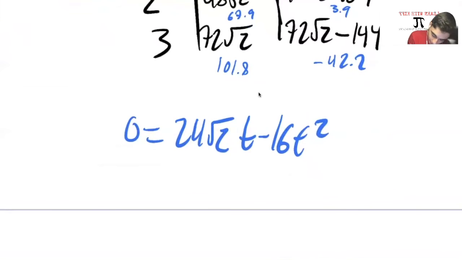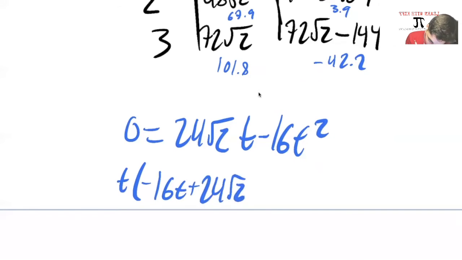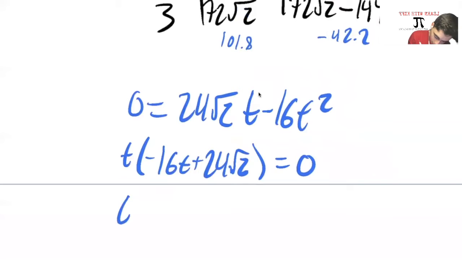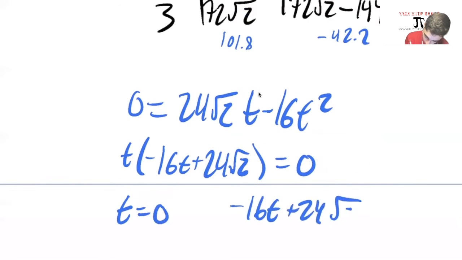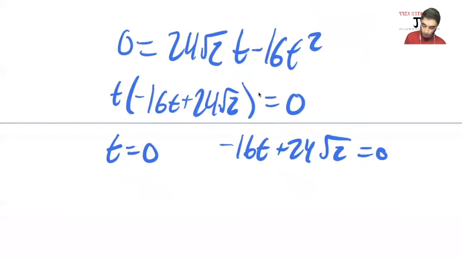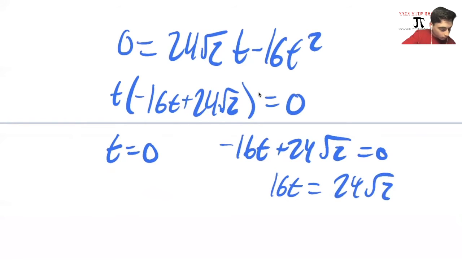We can factor out a t, and then we'll have t times negative 16t plus 24 radical 2 equals 0. So t equals 0 is one of them, and then negative 16t equals negative 24 radical 2, so t is 24 radical 2 divided by 16, which is 2.12.